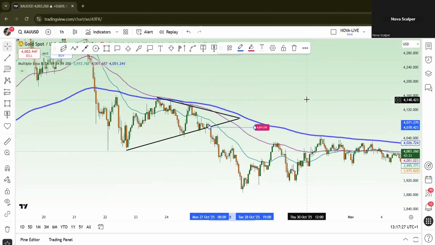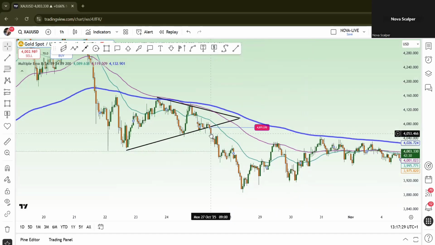That is 40.71. And the next candlestick is another powerful bearish candlestick. This is officially the confirmation from the market that gold traders, the big players of the gold market, choose the sellers, right?